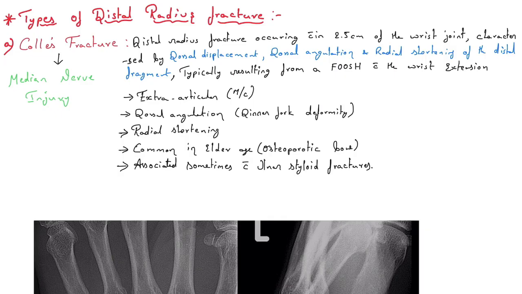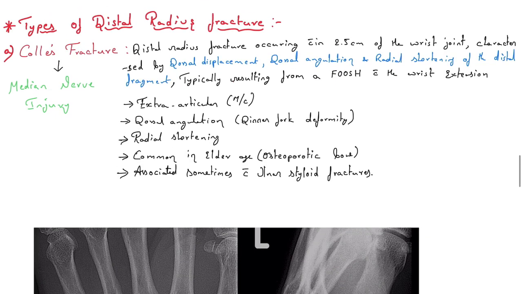For example, Colles fracture. Now we are going to discuss the types of distal radius fracture. First one, Colles fracture. Colles fracture is dorsally displaced, the classic elderly fall, a distal radius fracture occurring within 2.5 centimeters of the wrist joint, characterized by dorsal displacement, dorsal angulation and radial shortening of the distal fragments, typically resulting from a fall on an outstretched hand with wrist extension.